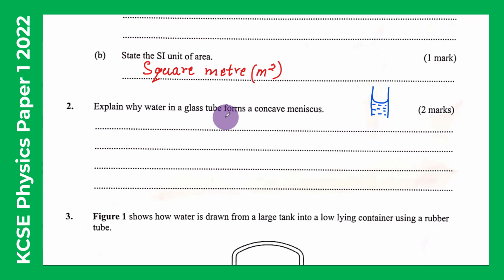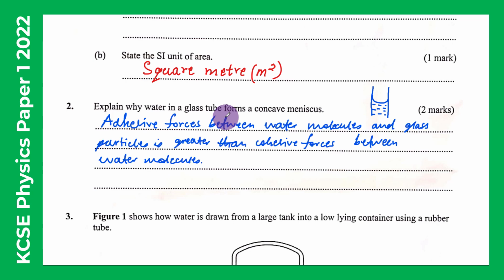So what do we expect here? There are two types of forces which you must mention. You must mention cohesive forces between water molecules and adhesive forces between water molecules and glass particles or glass molecules. So it's about which one of these two forces is larger than the other. So you're going to say that. So that is how you answer that question.